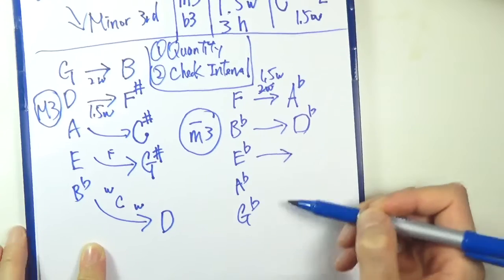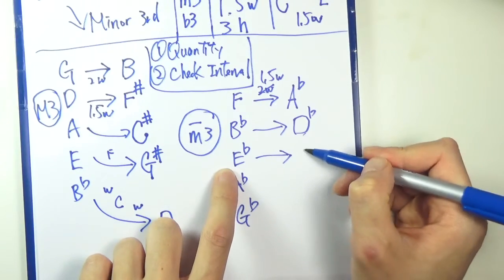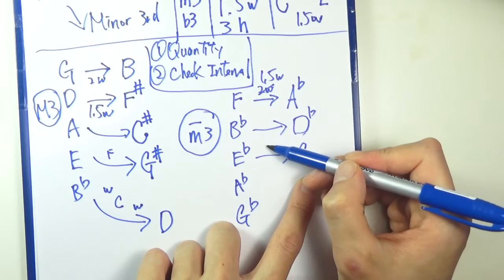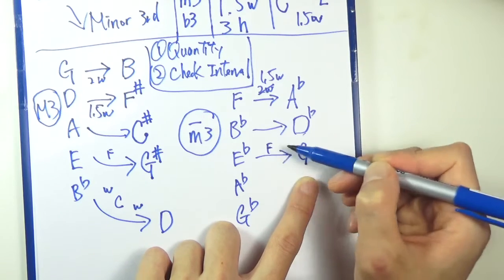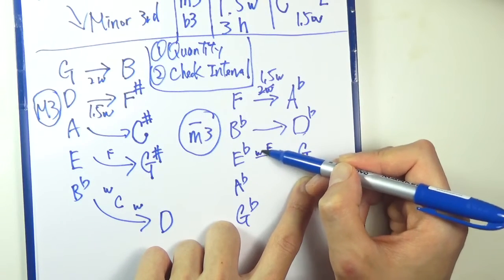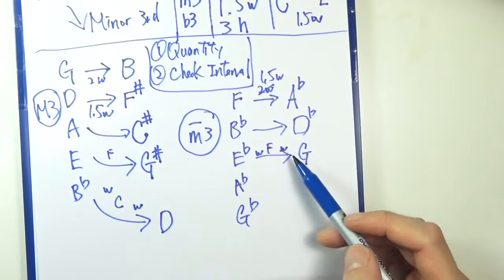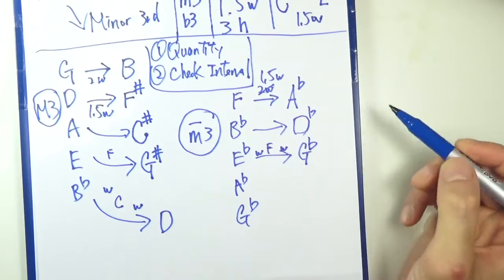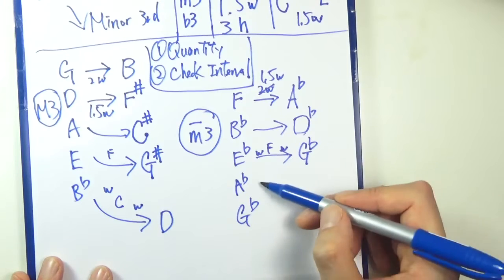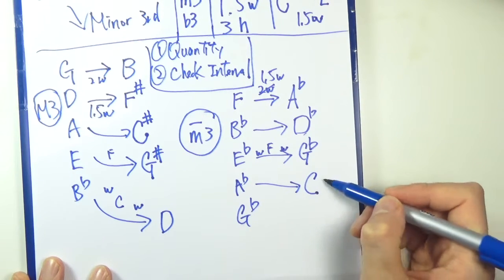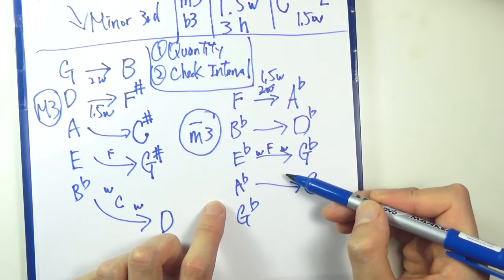E flat. So E flat, F, G, that's your quantity. Let's check the interval. E flat to F is actually a whole step, F and G a whole step. So we have two whole steps here. Too large, I have to flatten this one to make it a minor third. A flat, quantity, C. Again, check the interval.